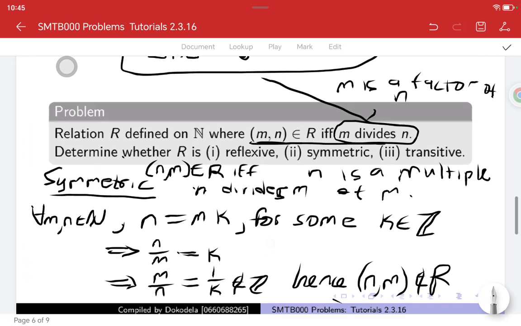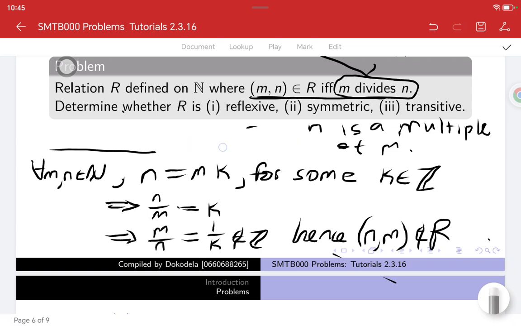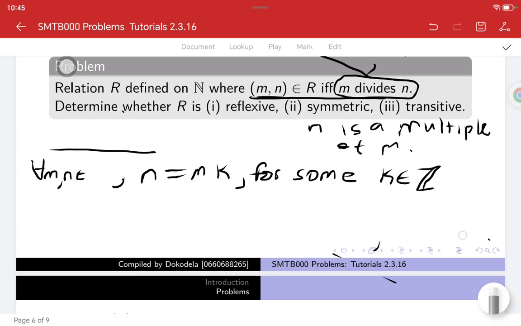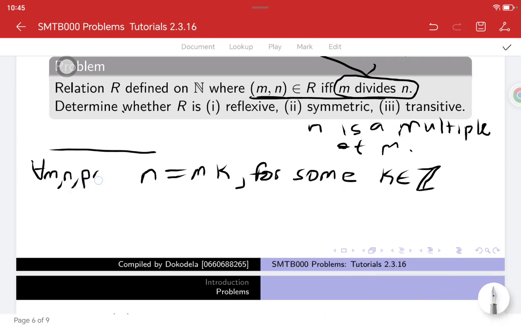So, now we can check transitivity. When we check transitivity, instead of picking 2 elements, we're going to pick 3 elements. So we're going to pick m, n, p, which are elements of the natural numbers. So we take n is equal to mk, it means that we're going this side, right?